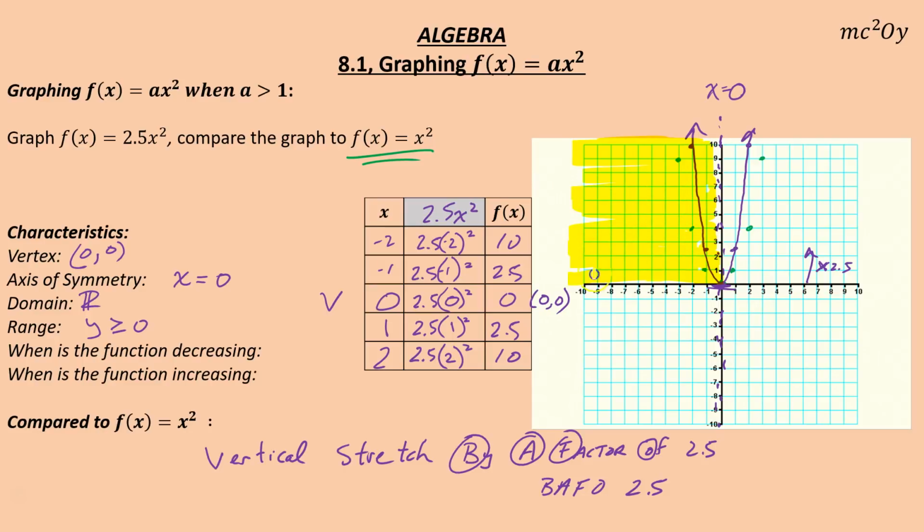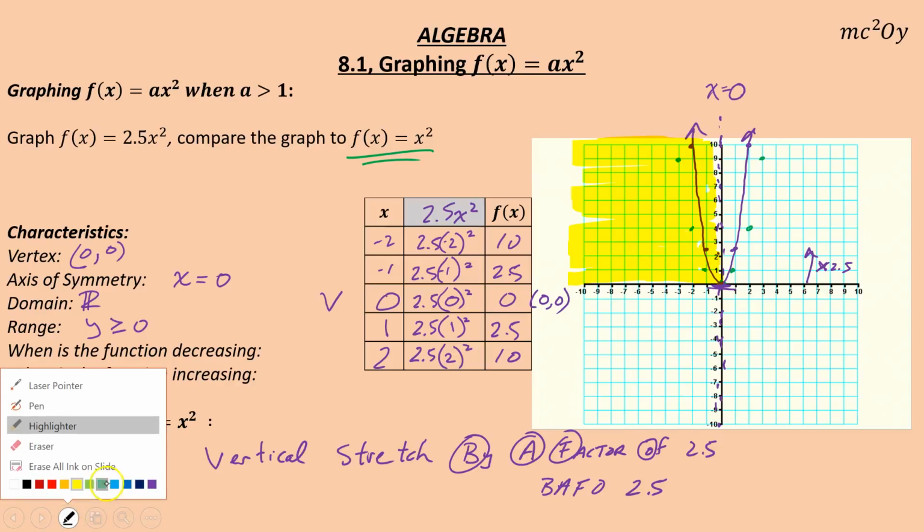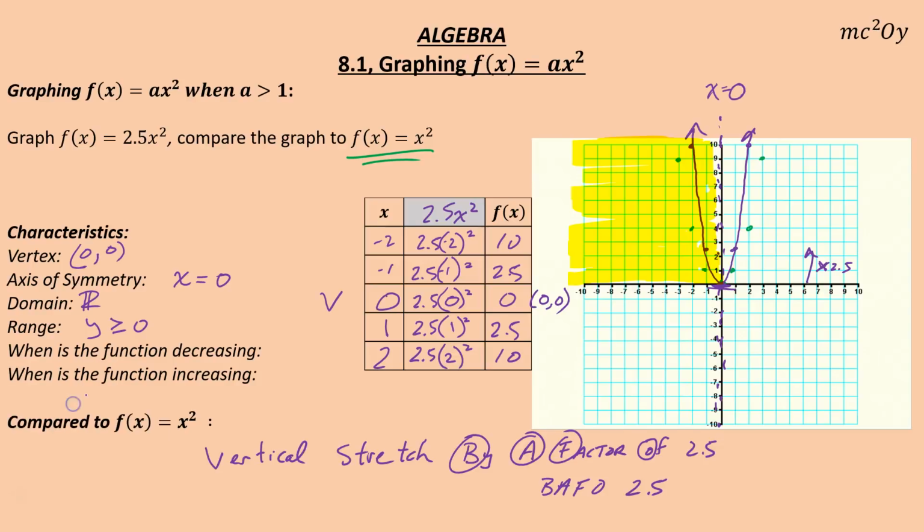And notice on this side, when I'm to the left-hand side of the axis of symmetry, I am decreasing. And over here I am increasing. Pretend you're walking on the graph. So when x is less than 0, I'm decreasing. When x is greater than 0, over here, I'm increasing.